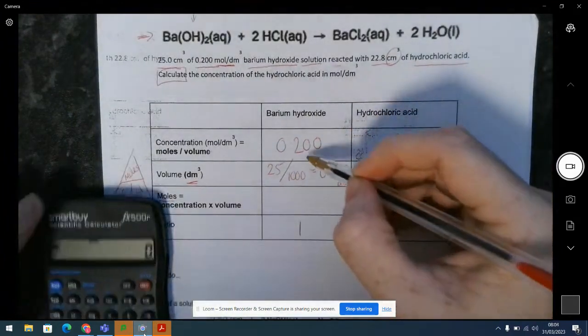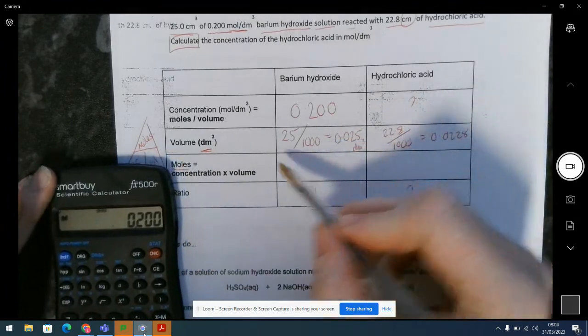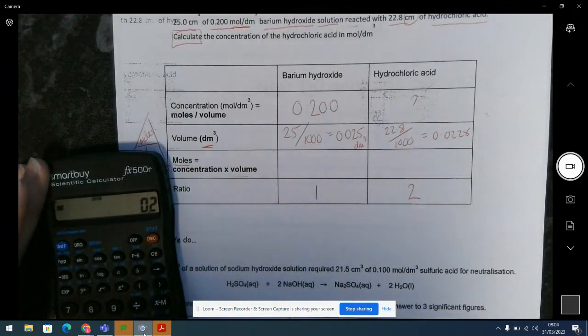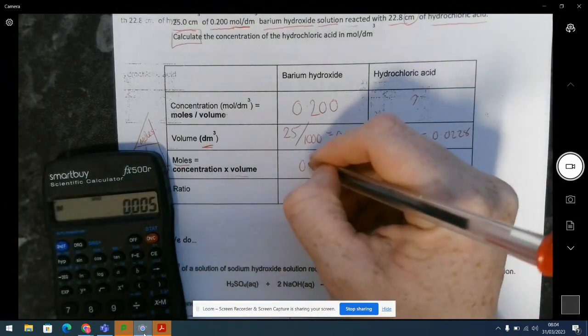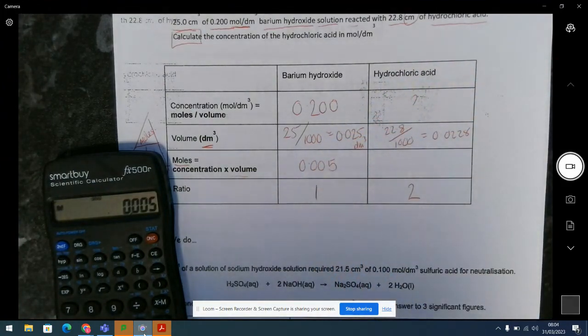I would do the concentration, which is 0.200, and I'm going to times it by the volume in decimetres cubed. So times by 0.025, and that gives me a mole value of 0.005.